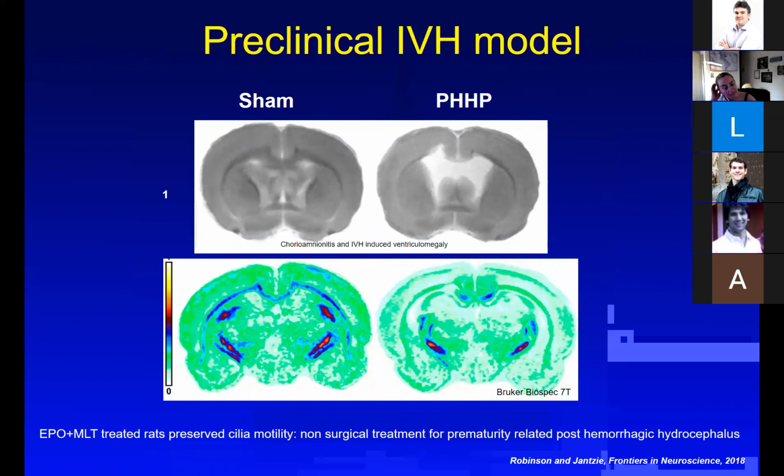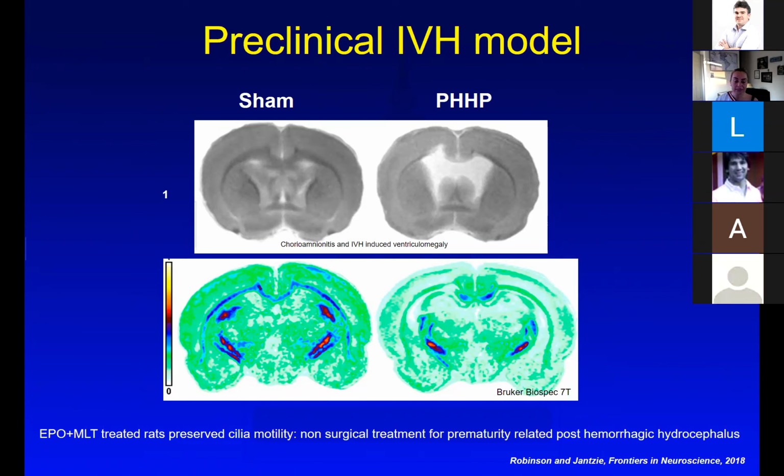My colleagues, Dr. Robinson and Yancey from Hopkins, are working on a mouse model for treatment of intraventricular hemorrhage, and their objective is to see if early treatment with EPO and melatonin could eliminate shunting.